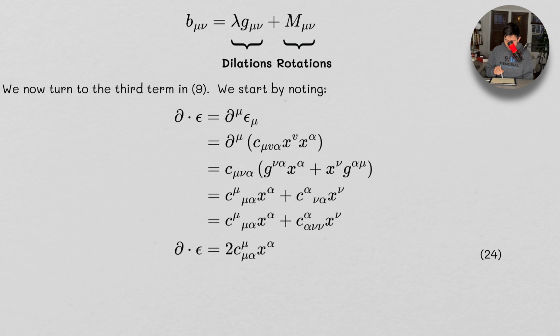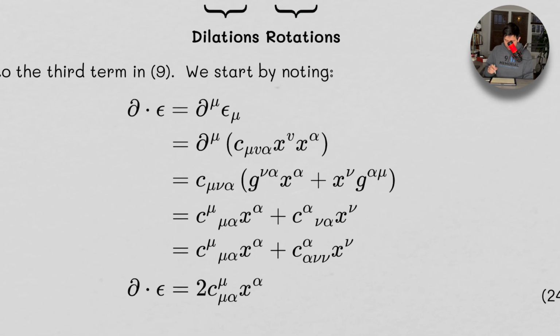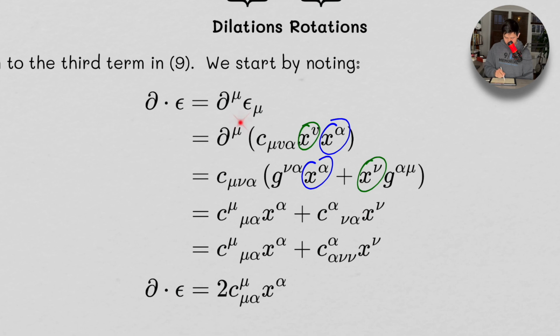mu nu, right? So let's see, what did I do here? This is alpha nu. Here's our alpha, and here's our nu, here's our x nu. So let's see, this guy is this guy right here, right?